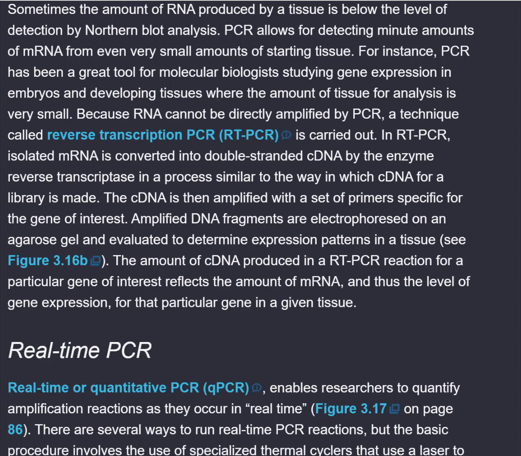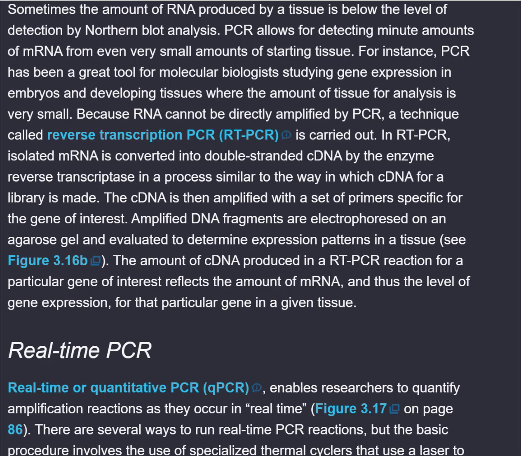Because RNA cannot be directly amplified by PCR, a technique called reverse transcription PCR, RT-PCR, is carried out. In RT-PCR, isolated mRNA is converted into double-stranded cDNA by the enzyme reverse transcriptase in a process similar to the way in which cDNA for a library is made.